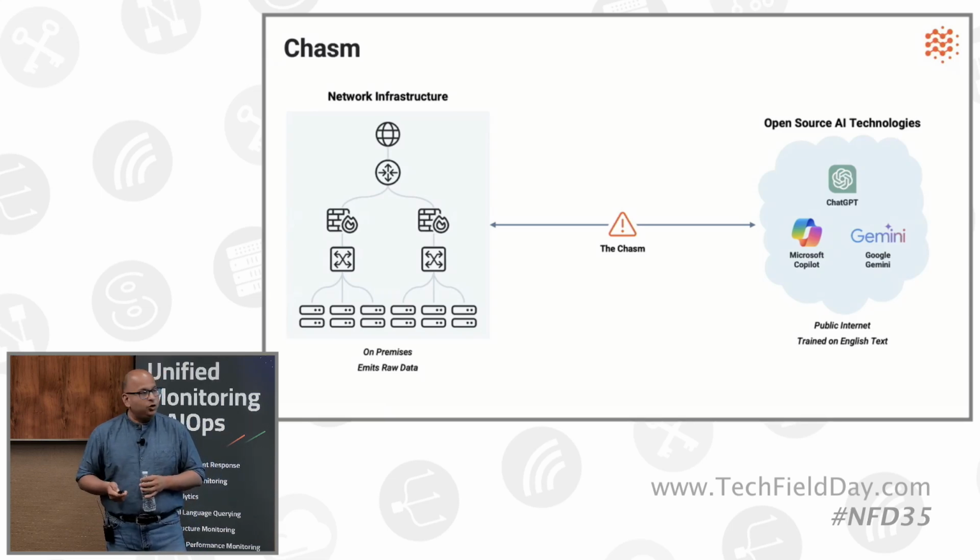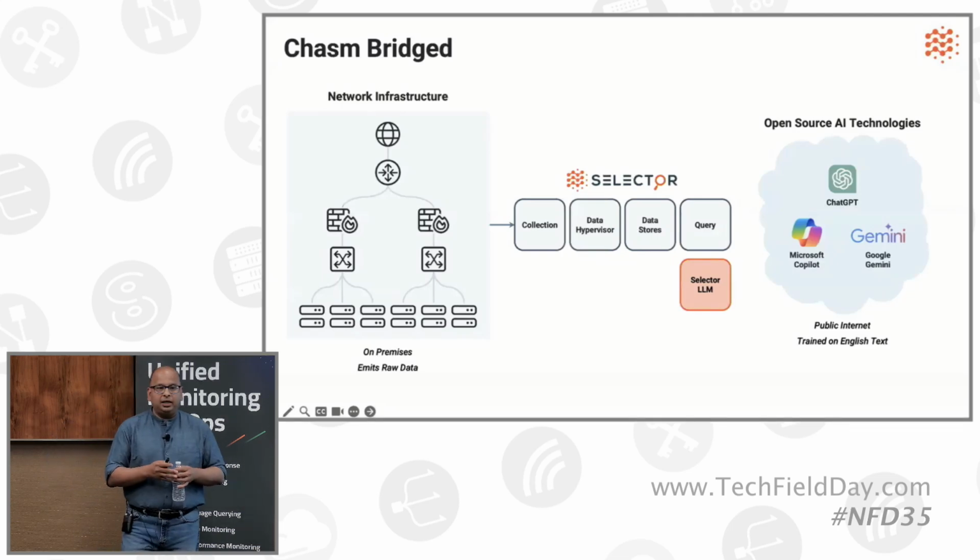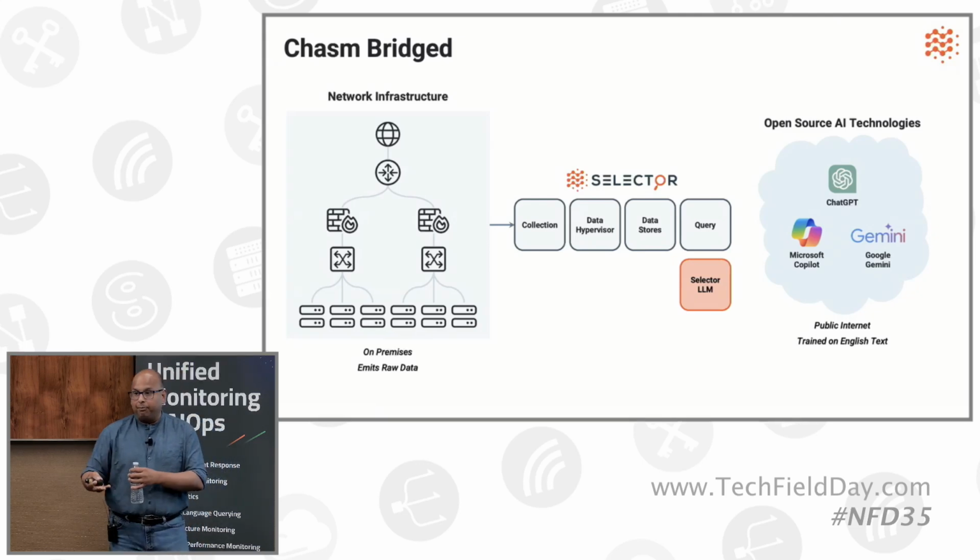To do that, you need to bridge the gap. You need to build a layer of software that connects. First of all, you cannot use large language models sitting in these public clouds. You have to build a large language model, and I'm going to talk more later about how Selector built this LLM.